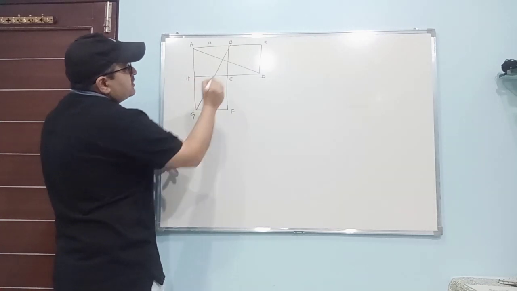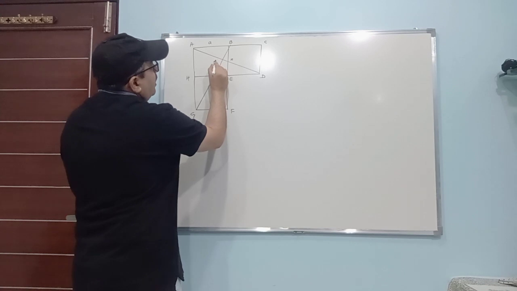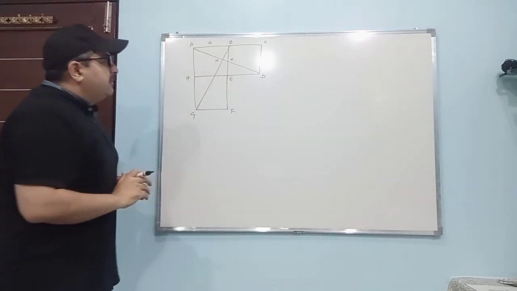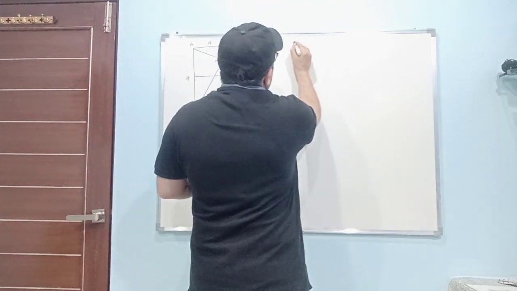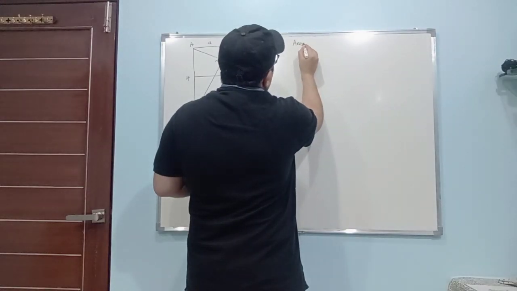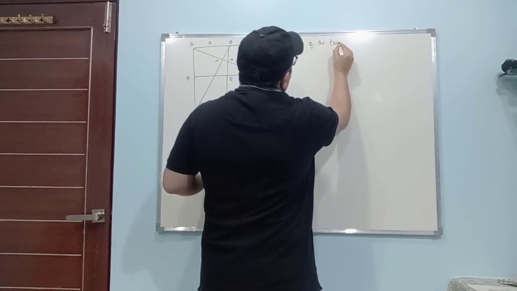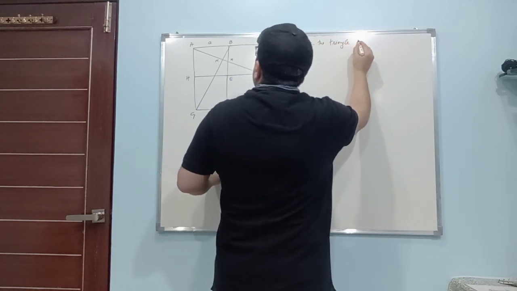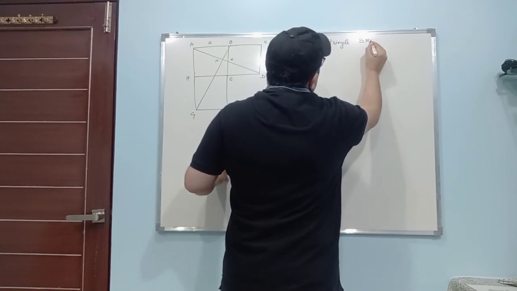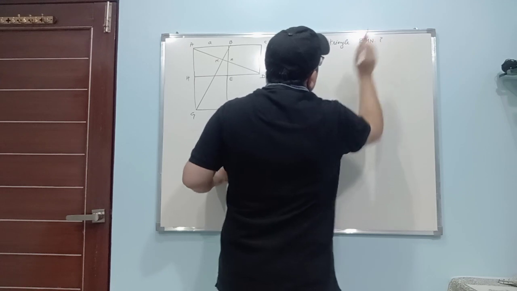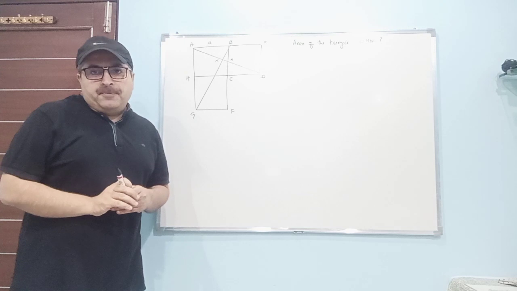You may call this point M and this point N. So we have to find what is the area of the triangle BMN.